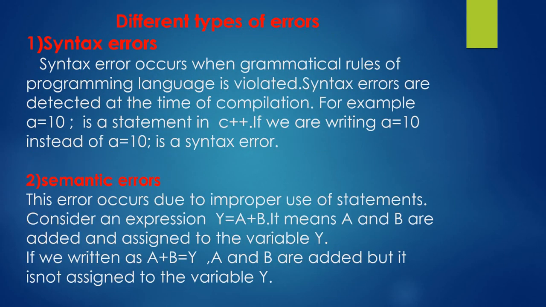First one, syntax error. What is a syntax error? Each programming language has some syntax, some rules for writing the program. In C++ one rule is there, in Java another rule. Each programming language has its own rules. That is called syntax.